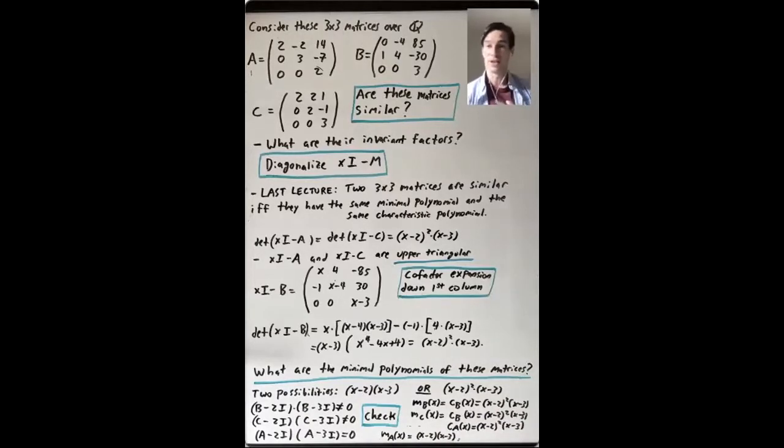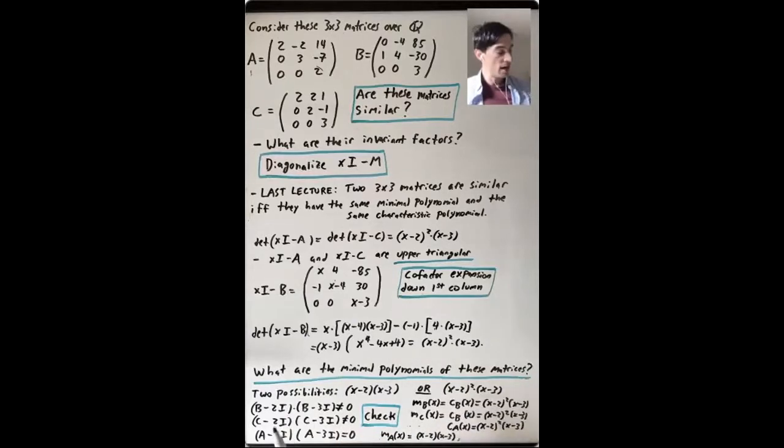So the next question is then, what are the minimal polynomials of these three matrices? And remember, the minimal polynomial divides the characteristic polynomial, and every root of the characteristic polynomial is already a root of the minimal polynomial. Why? Because the characteristic polynomial needs to divide some power of the minimal polynomial.